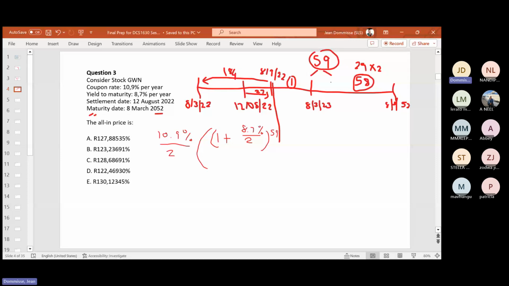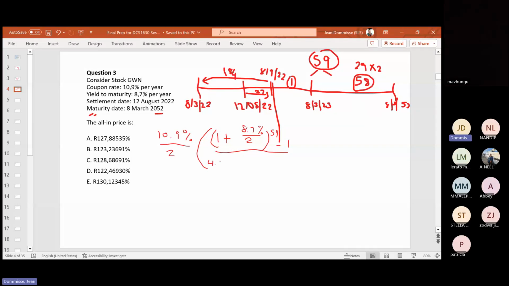Okay, that's a 59. Then from a formula, we need to minus 1 still, and that we divide by, okay, so now I'm going to rather just use the 4.35. That was the 8.7 divided by 2.